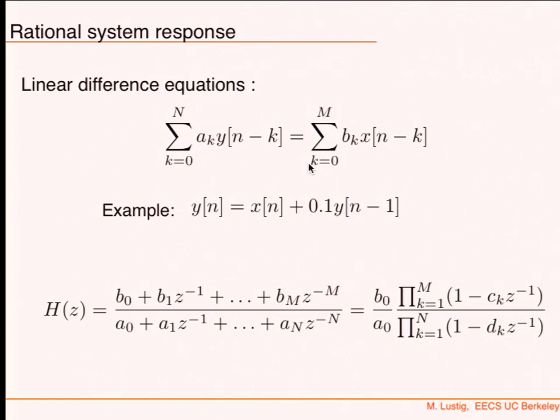Those linear difference equations have a very particular form in the Z-transform. They're basically represented as a fraction of two polynomials. So you have the numerator and the denominator.